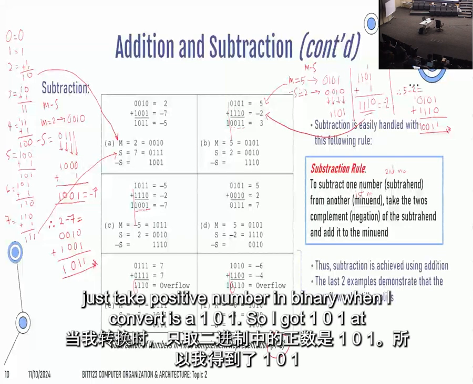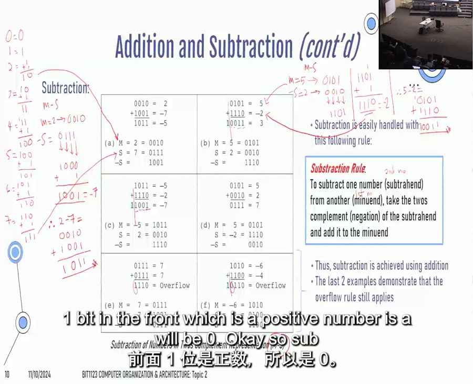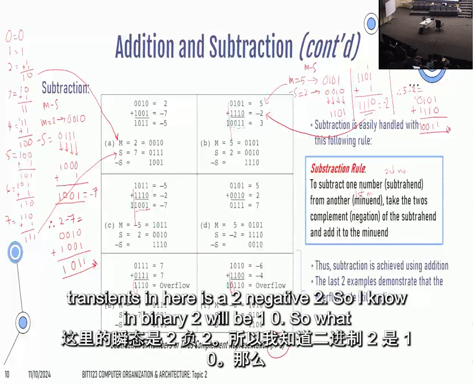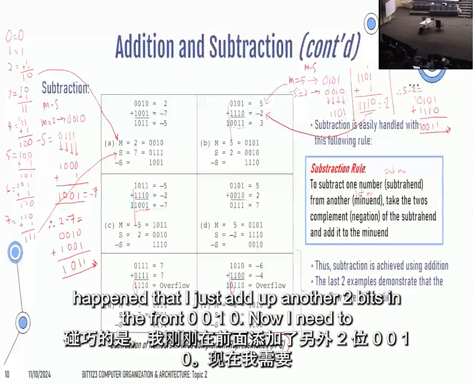When I convert, it is 1, 0, 1. So I got 1, 0, 1. Add 1 bit in the front, which for a positive number will be 0. The subtrahend here is negative 2. I know in binary 2 will be 1, 0, so I just add another 2 bits in the front, 0, 0, 1, 0.